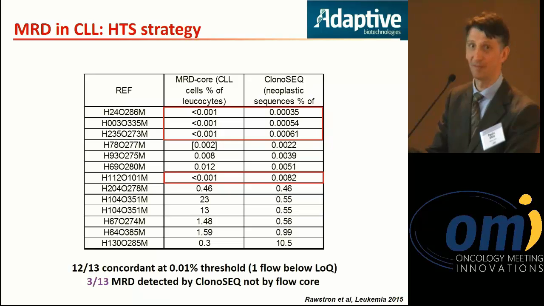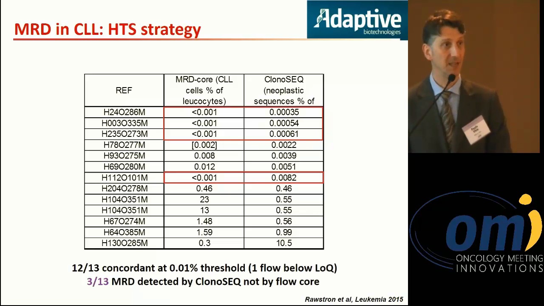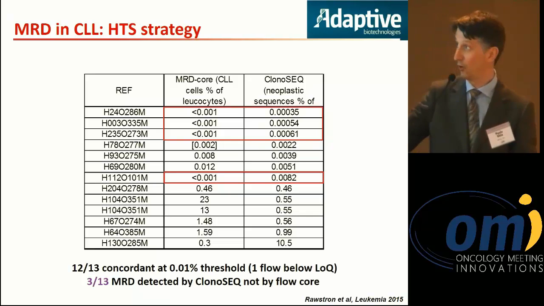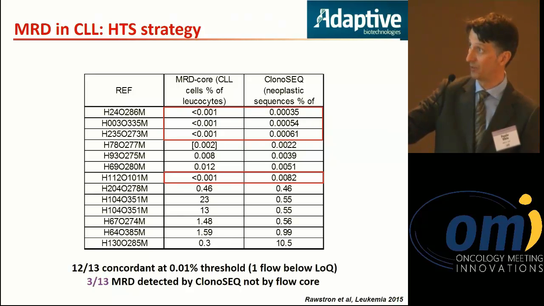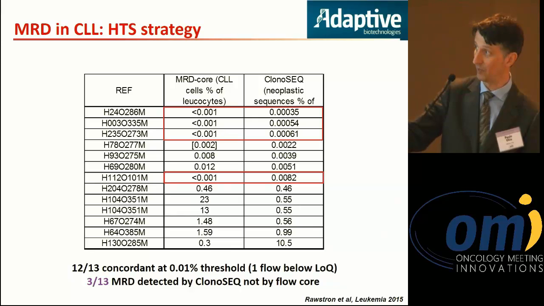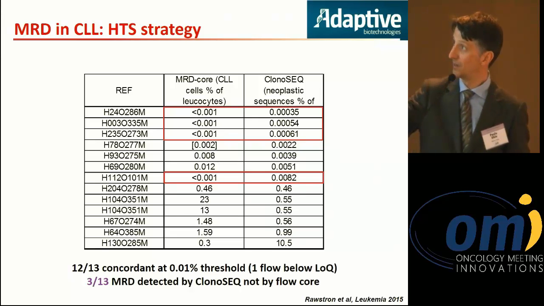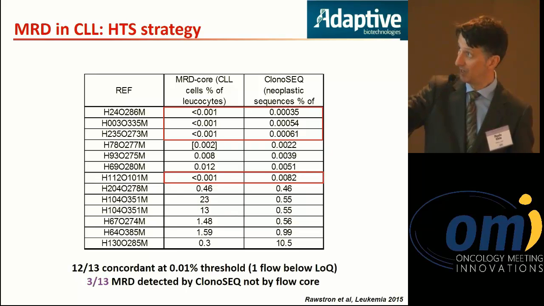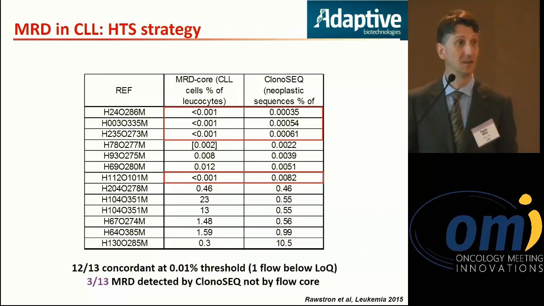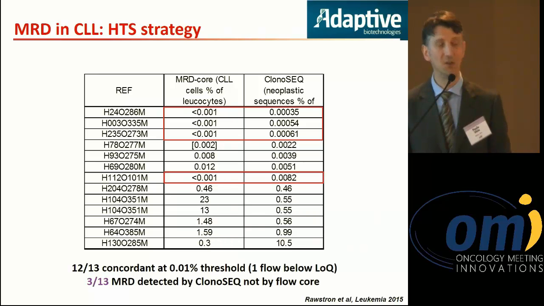Paolo: So none become negative? No, only these 4, the red ones. Some were negative by flow and some were negative also by sequencing. The first 4 you consider negative. These 3 were considered negative by flow, but were positive by sequencing. So my question is, do you find any negative? No, that's the question.